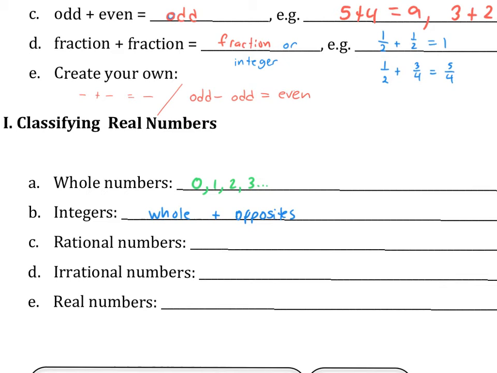So when we are talking about classifying real numbers, I am thinking about a number line, okay? And usually we put 0 somewhere about here. 1, 2, 3. So that would be my whole numbers. But then, if I go to the opposite side of 0, like -1, -2, -3, those are my integers also.